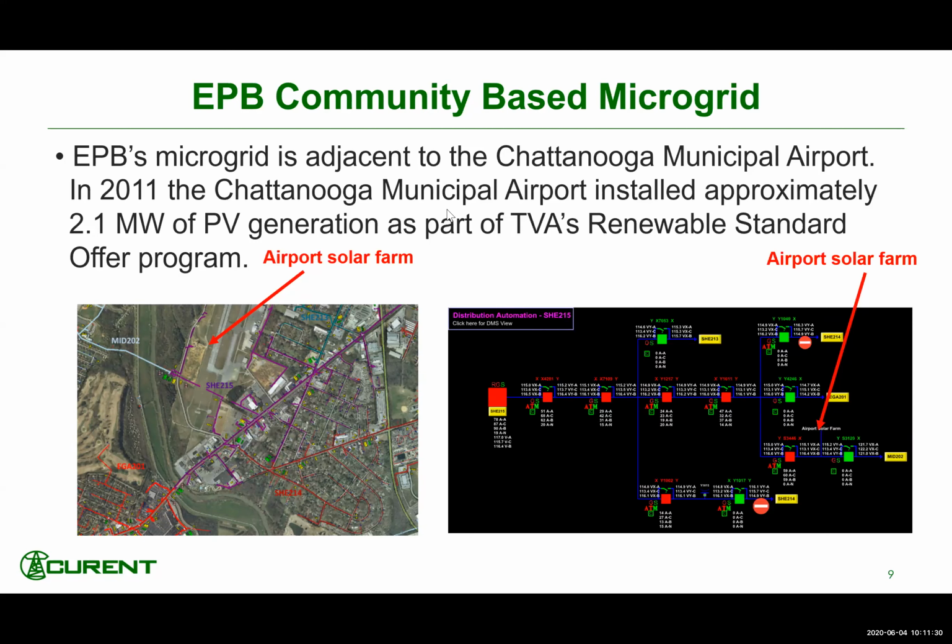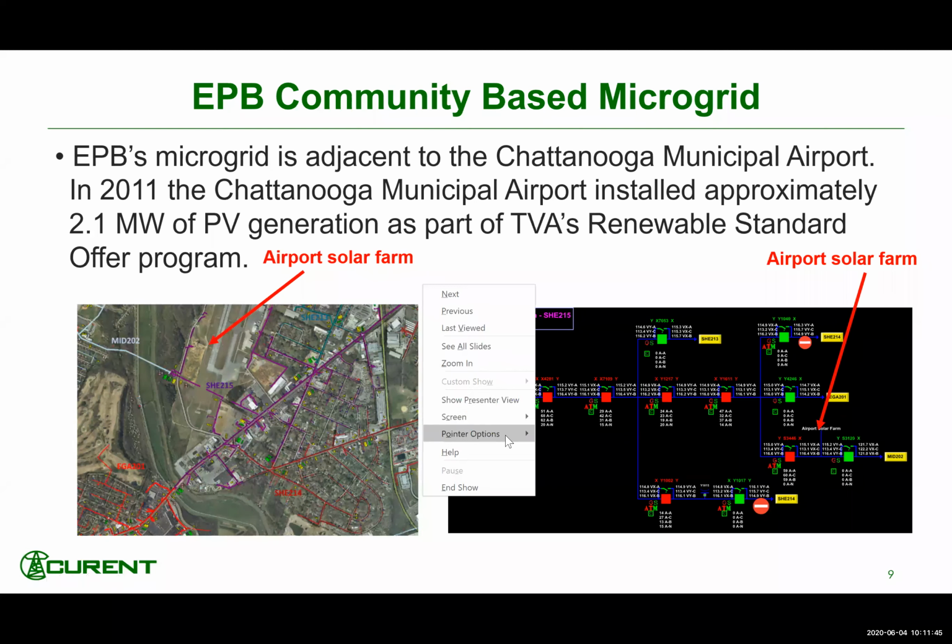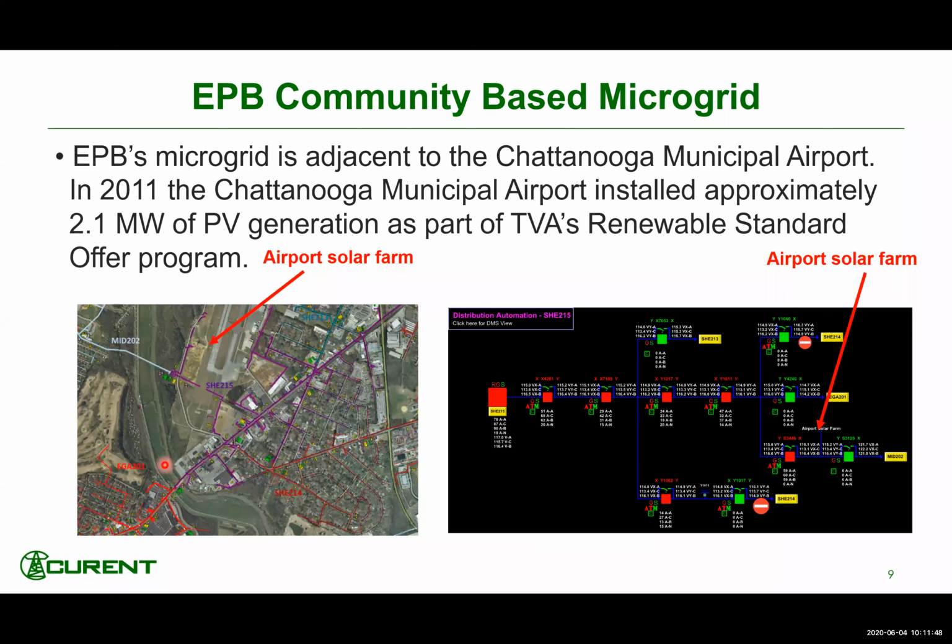We have a real example, and this microgrid is already deployed at EPB Chattanooga, very close to the Chattanooga city airport. The purple line here shows the coverage of one feeder. The microgrid is located at the end of the feeder, along the runway of the airport, where there is an airport solar farm.